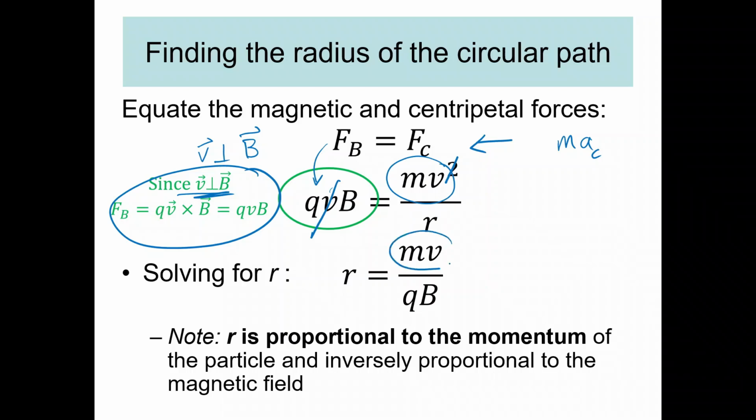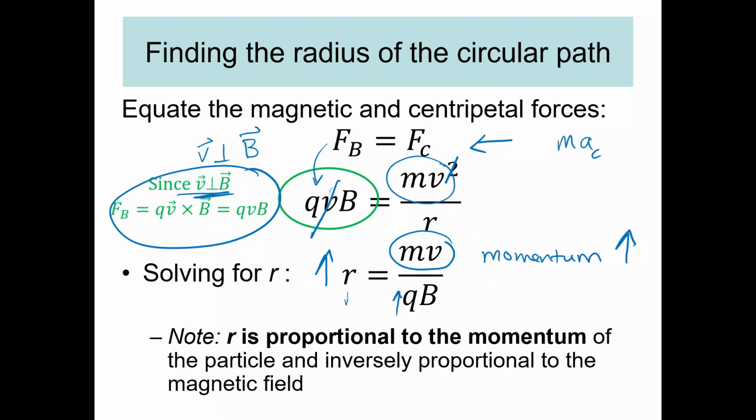Now mv, we've seen this before. This is momentum. So the radius is proportional to the momentum. So the larger the momentum, the bigger the radius is going to be. So the larger the mass, the larger the velocity. And then it's inversely proportional to charge. So the larger the charge, the smaller the radius is going to be.